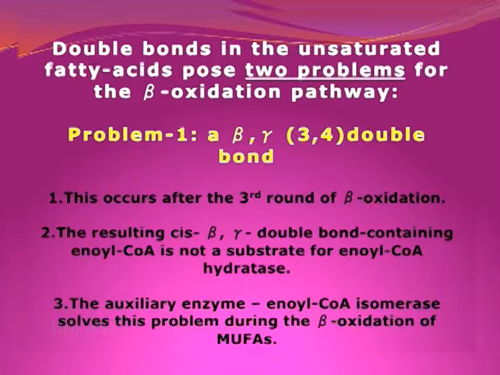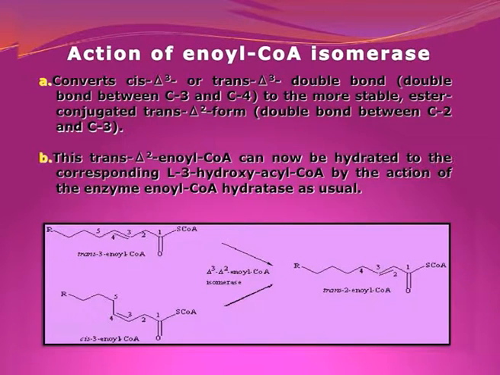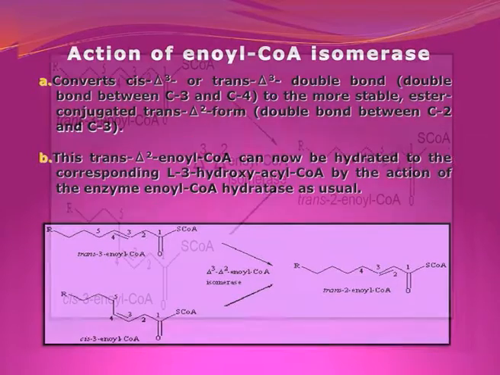So, it has to be changed into a trans delta 2 double bond, that is a double bond present between the carbon atoms 2 and 3, with the help of an enzyme called enoyl-CoA isomerase. Now, this slide shows how the enoyl-CoA isomerase enzyme works.